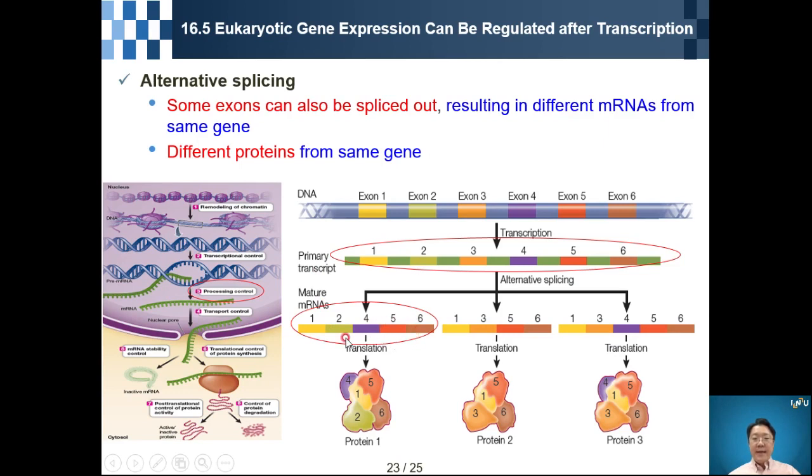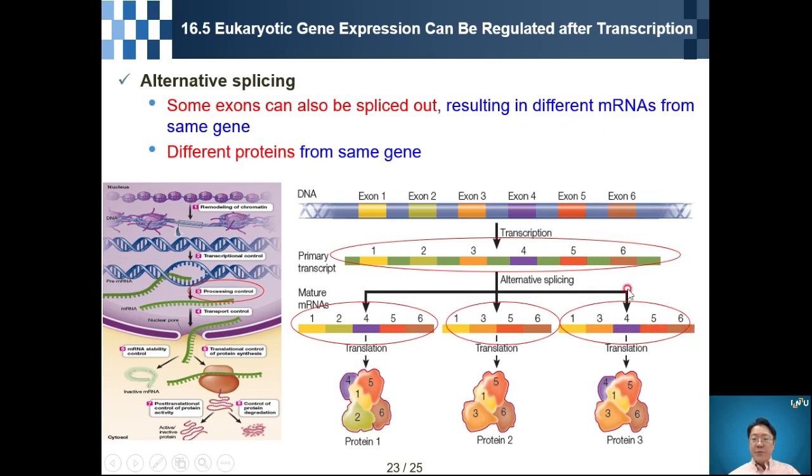In this case, this mRNA is translated and makes protein 1. In another case, alternative splicing makes exon 1, exon 3, exon 5, exon 6. It can be translated and will make a different protein. In the final case, alternative splicing gives exon 1, exon 3, exon 4, exon 5, and exon 6.